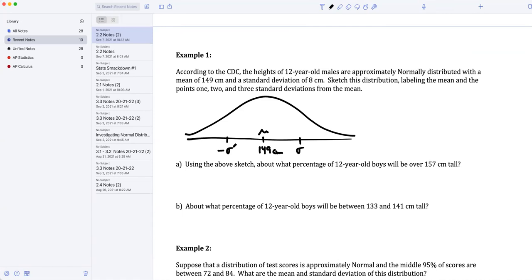If I take 149 and add 8 to it, that gives me 157. So this is going to be 157 centimeters. And if I subtract, that will be 141. That's one standard deviation.